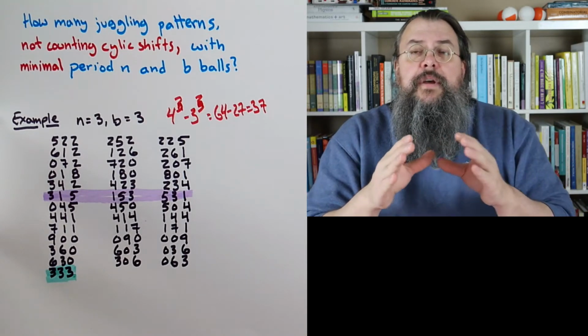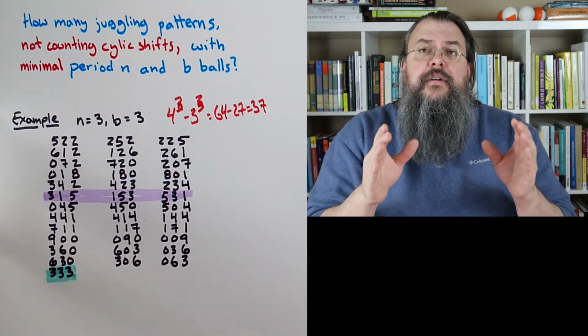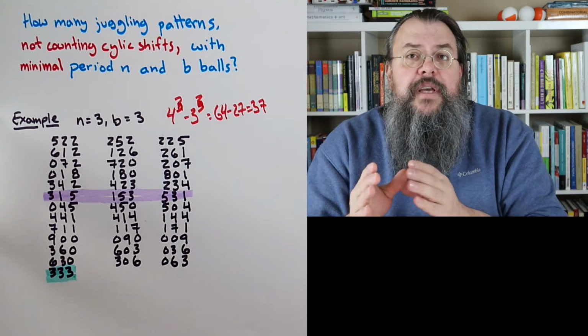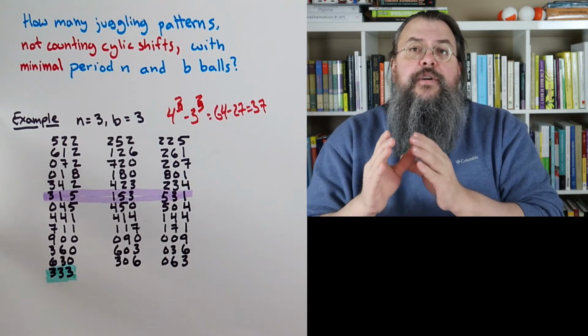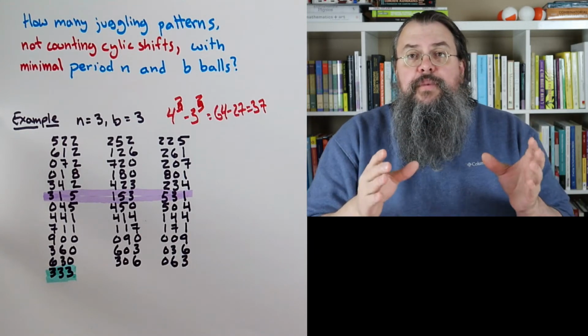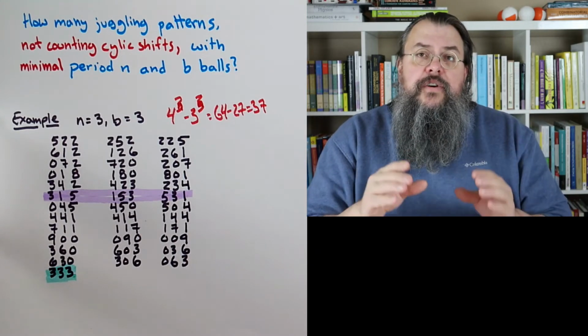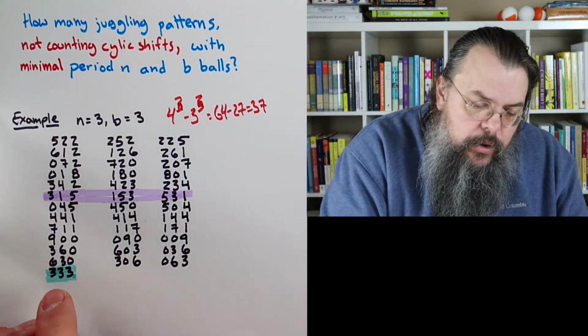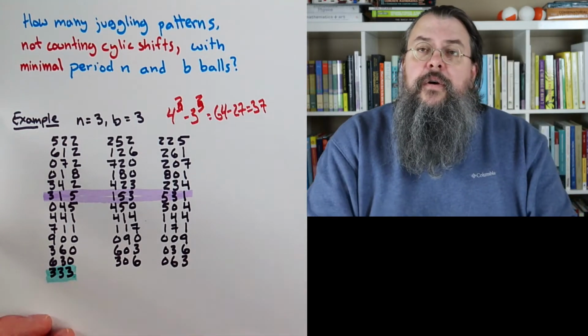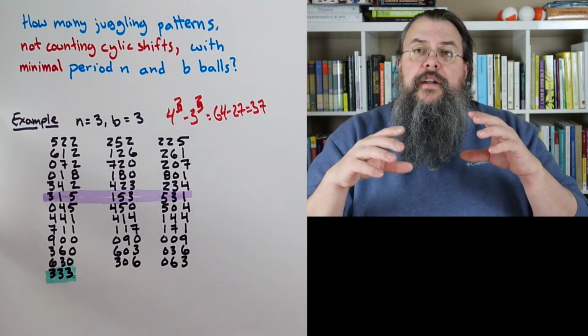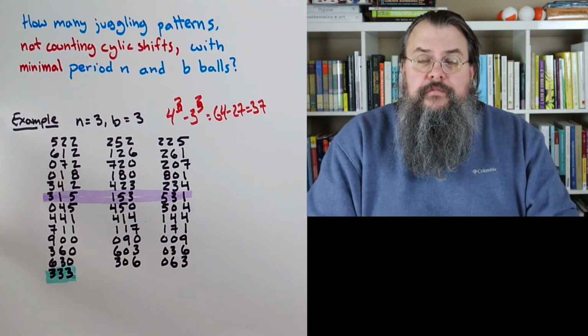Right now it says repeat every 3 beats. We say, look, no, it really should repeat every 1 beat. It's a 1-beat pattern repeated 3 times instead of a 3-beat pattern. And so when we are counting, we don't want to count this one. That should only be counted when we're looking at period 1 patterns.